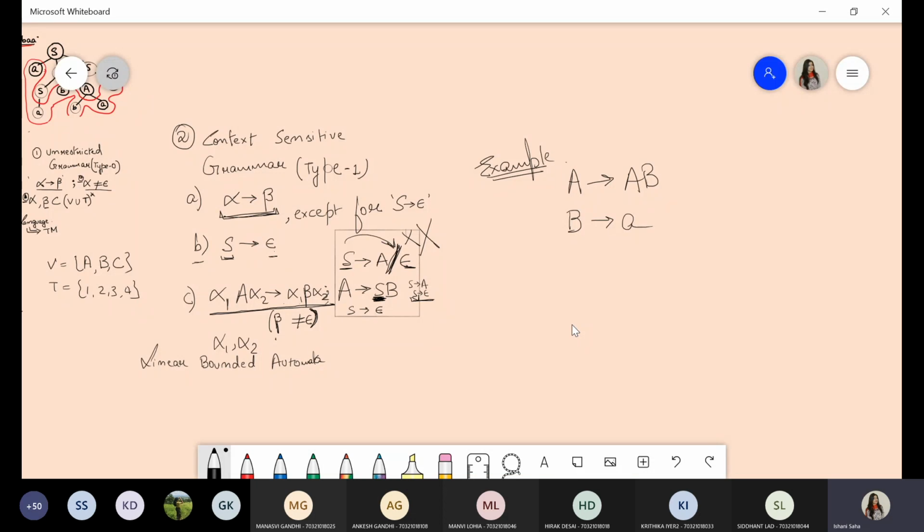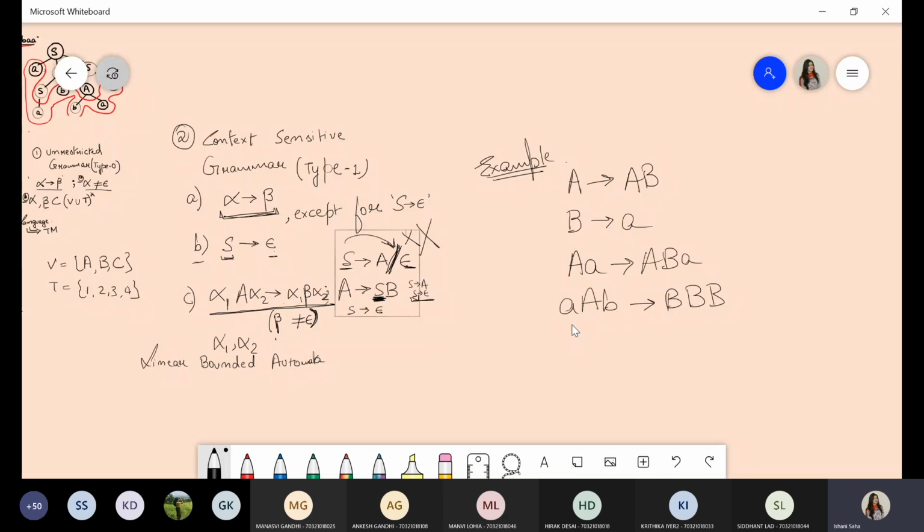Okay, and it could also be of this type. A tends to AB, A, let's say. Yeah, this is also possible. Even it could be like this. AAB generating B, something like this. This is also possible. Are you getting where the restriction is?